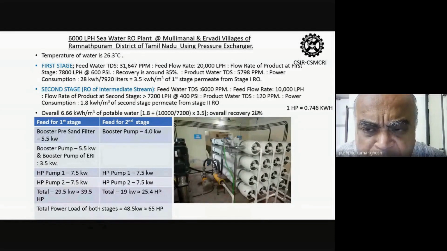So this is a perfectly acceptable solution for a rural setting, and after all, thousands of people are drinking this water, and this is found to be a better and more practical solution. So this is really a two-stage seawater desalination of a somewhat different kind.